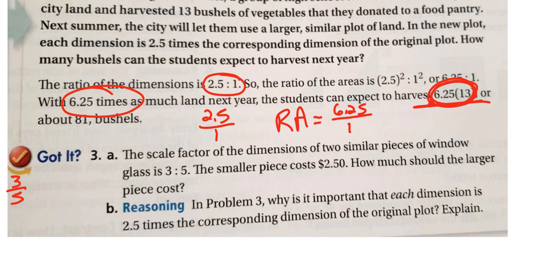So when it comes to window glass, it's using area to figure out the size of it. You need to know the length and width of it. That's how the price is configured. So even though it's not obvious, you do need to find the area ratio here. So it's going to be 9 over 25 equals, and then the smaller piece was 250.